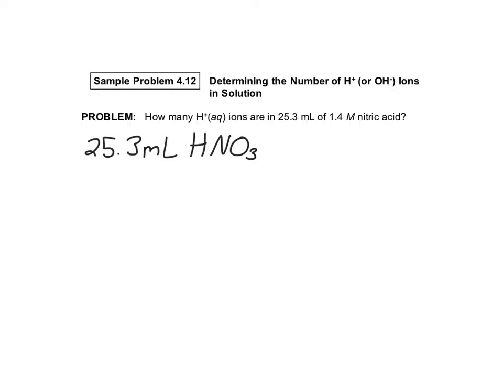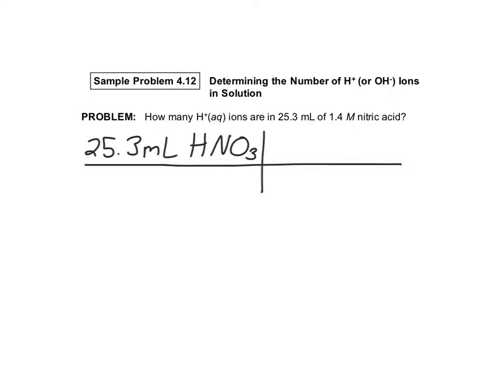And so that's how I knew the formula for nitric acid. It's just HNO3. So anyways, I need to convert that to moles, right? And how did I know I needed to convert that to moles? Let's talk about that. This says how many H plus ions are in 25 milliliters of nitric acid. Now this is talking about the number of something, right?